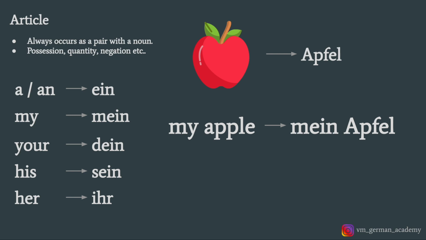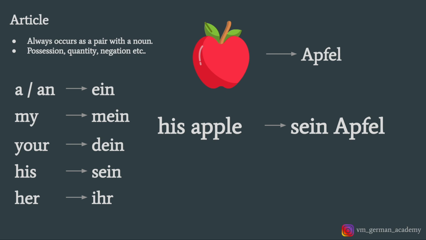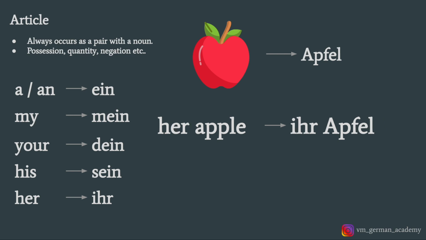If it were your apple, it would be dein Apfel. If it were his apple, it would be sein Apfel. If it were her apple, it would be ihr Apfel.